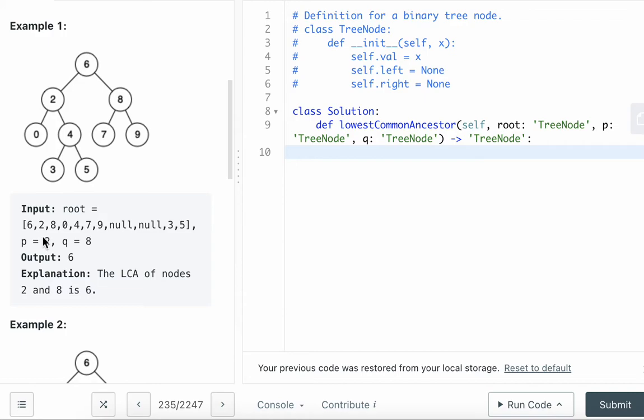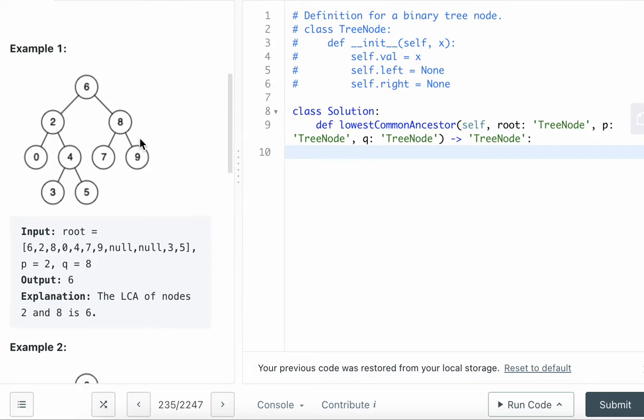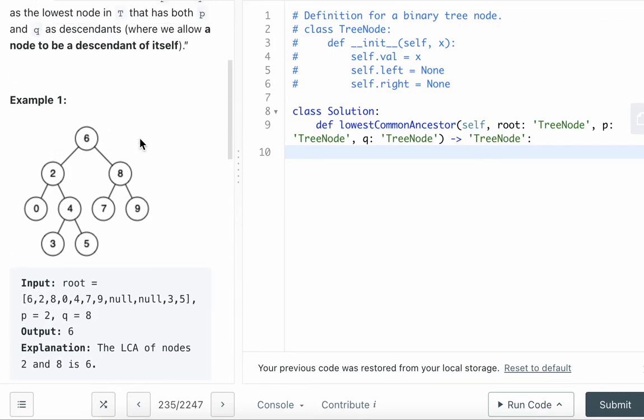In this example, P equals 2 and Q equals 8, and their lowest common parent is the root, which is 6. And if you pay attention to the detail here, it's a binary search tree. So the characteristic of a binary search tree is that all the left nodes are smaller than the root and the right nodes are bigger than the root.